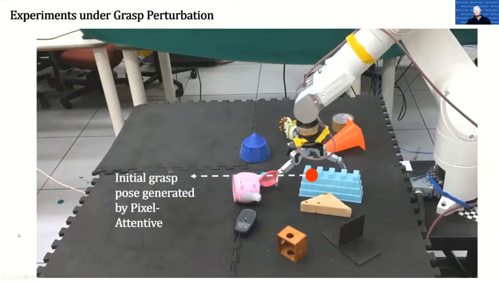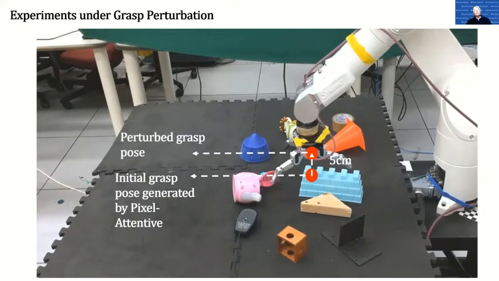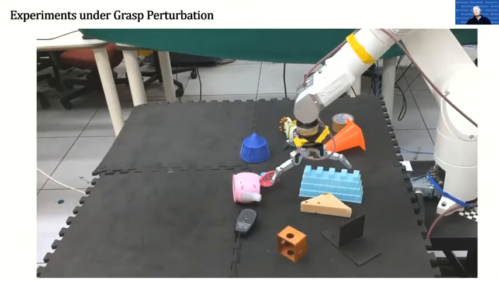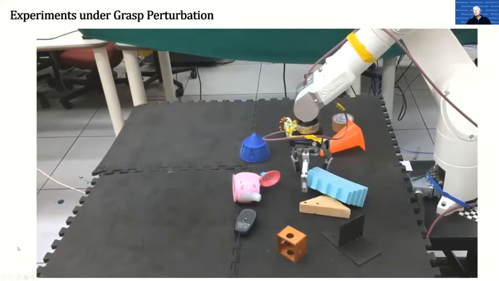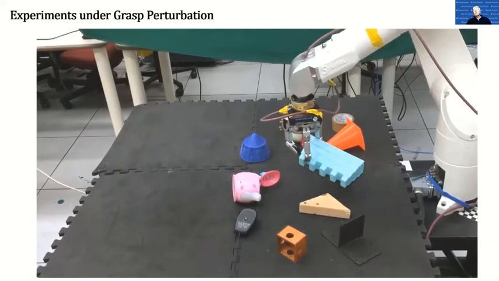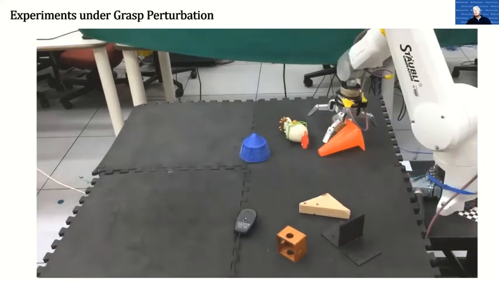As you can see, we have an initial grasp pose generated by the vision system, and then we're going to move that guess 5 centimeters and see what happens, and see if we can pick it up using a tactile adaptive system. And you can see here, it's able to adaptively find a good grasp, and it does that for these other objects.